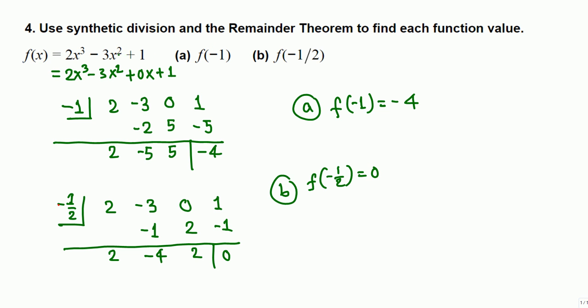If we replace x by -1, then we get -4. Similarly, replace x by -1/2 and simplify, we get 0. But the question wanted us to use synthetic division, and the remainder theorem means these are the remainders or function values. That comes out to be -4, and this one 0.